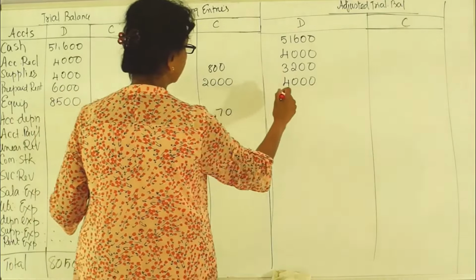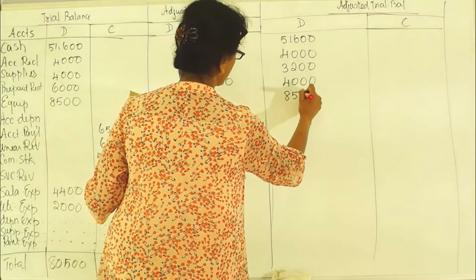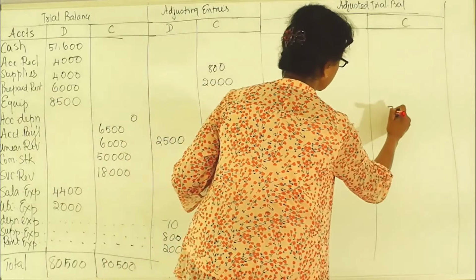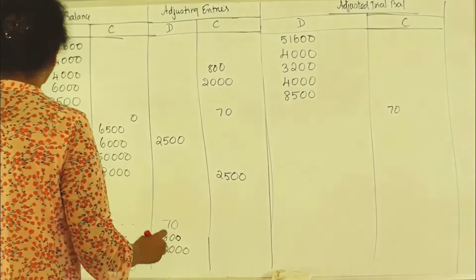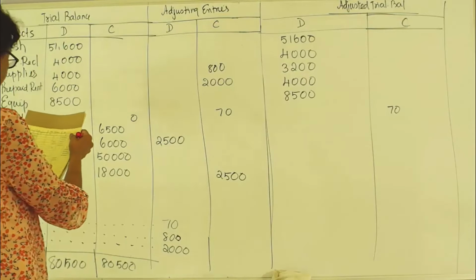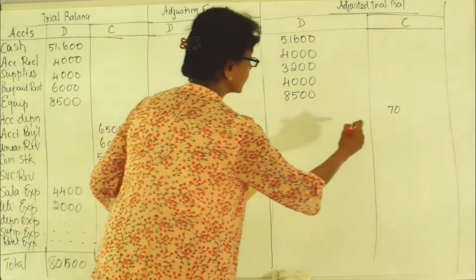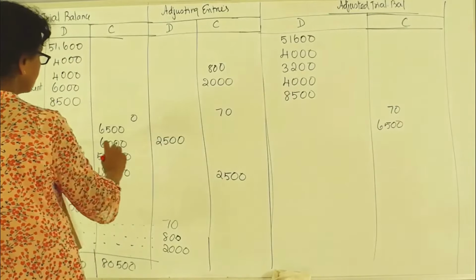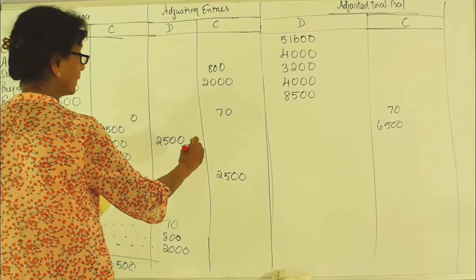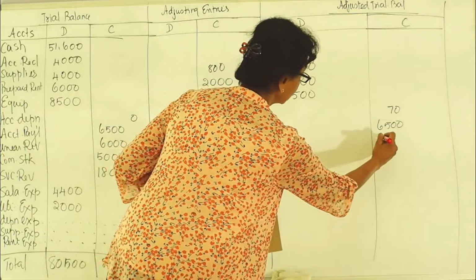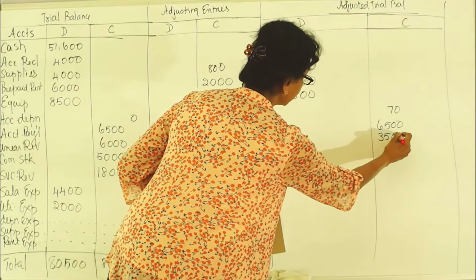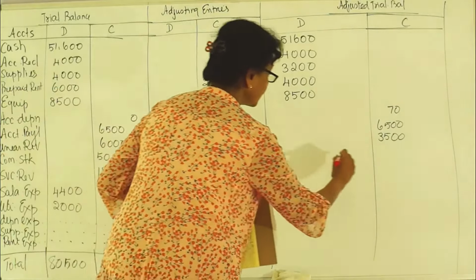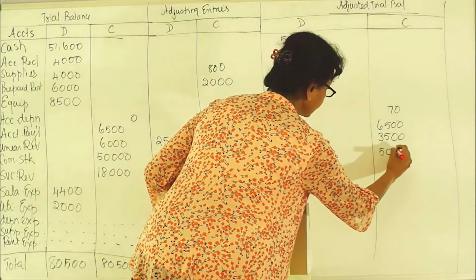Equipment stayed at 8,500. Now the accumulated depreciation is $70. Accounts payable stayed the same, so 6,500. Unearned revenue, it decreased by 2,500, so the new balance would be 3,500. And then the common stock, no change, $50,000.